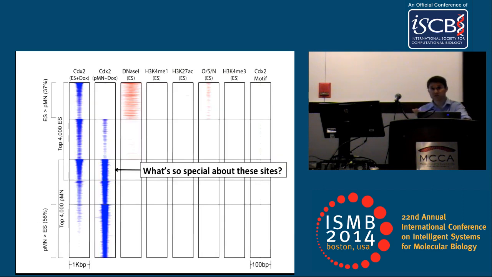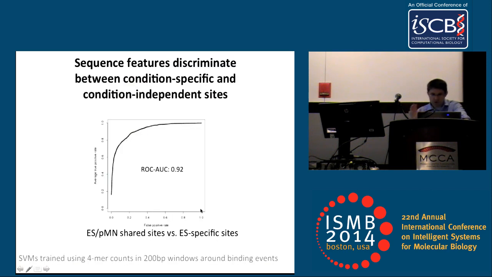Basically, we're wondering what's so special about these sites. Why are these sites bound as a pioneer in inaccessible chromatin, but these sites are not bound in inaccessible chromatin? And to make a long story short, we think it's sequence information. We can train an SVM using just sequence features to tell the difference between those sites and condition-specific sites.